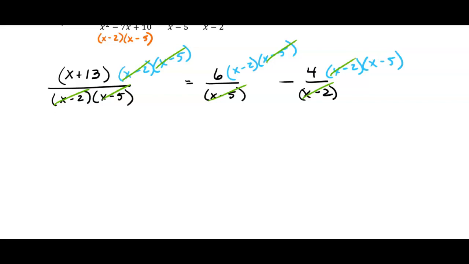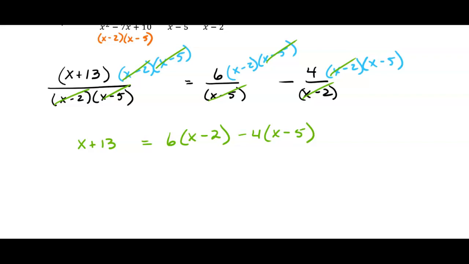So now on the left-hand side of the equal sign, I just have the x plus 13. On the right-hand side, I have 6 times x minus 2. You could distribute that now. And then you have minus 4 times x minus 5. Okay, let me double check and make sure I wrote everything down right.